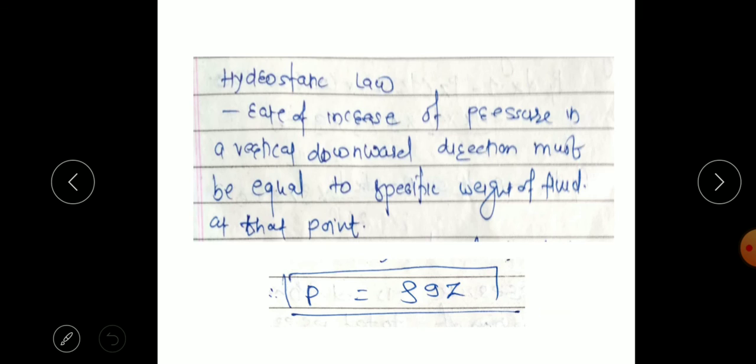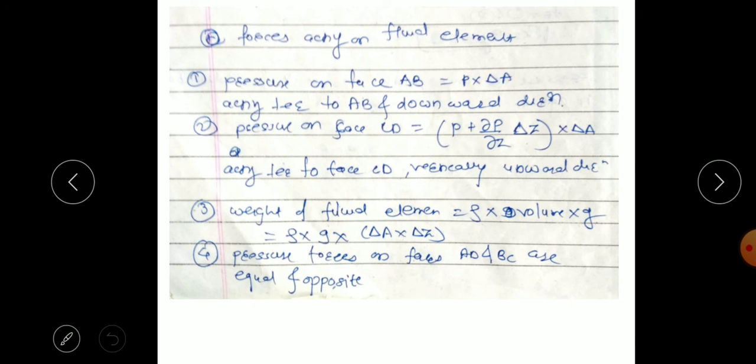So we can consider the force on AB is P delta A, the force on CD is this, and the weight of the fluid element is rho g V. The weight of the fluid is mg, and m is rho into volume.